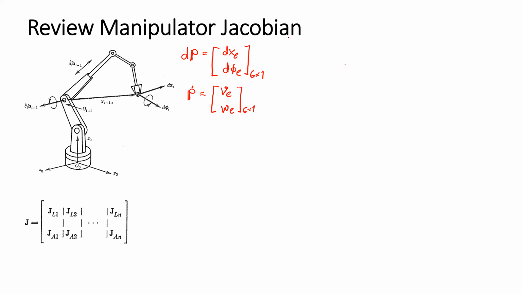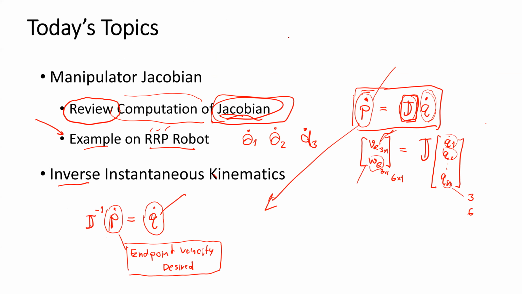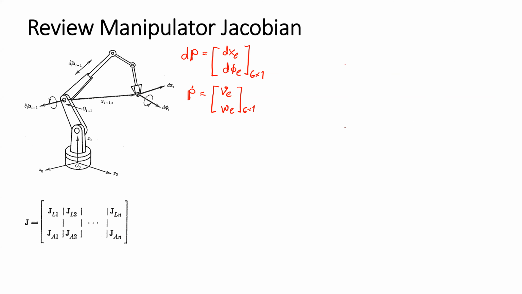And the vector form is this one. We have the Jacobian matrix that we need to find so that we can relate the endpoint speed and the joint speed.